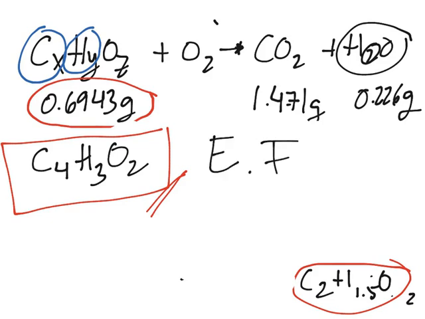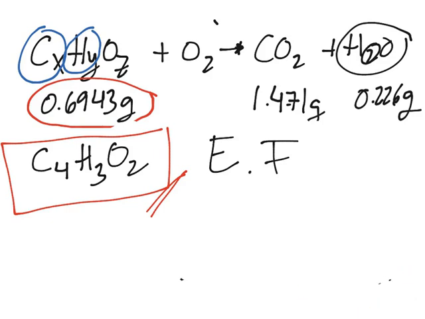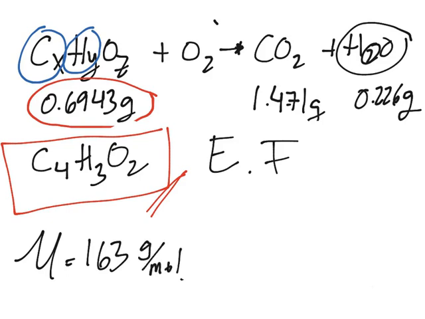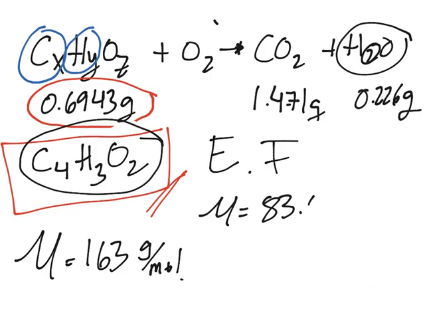And here is this part. At the beginning of the problem, they told us that the molar mass of the whole compound was about 163 grams per mole. Now, just to get the molecular formula, we get the molar mass of this, and we find that it is actually the empirical mass, 83.068.